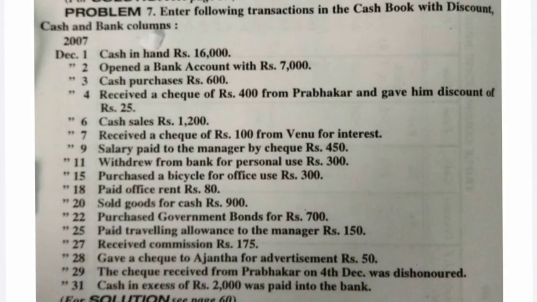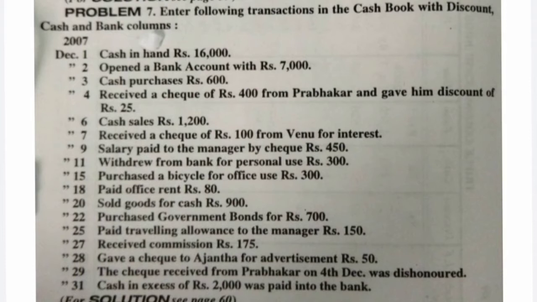Out of this, the balance carried down will be 2000, and by bank account will be the balancing figure. That is 9,445 minus 2000, you will get 7,445. You need to transfer this amount to the bank.